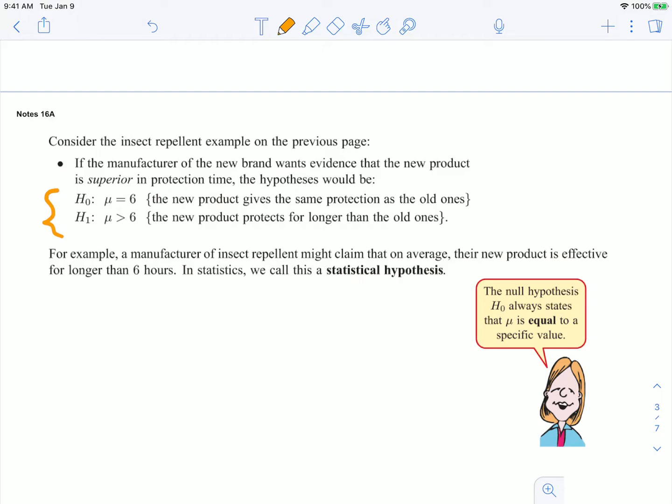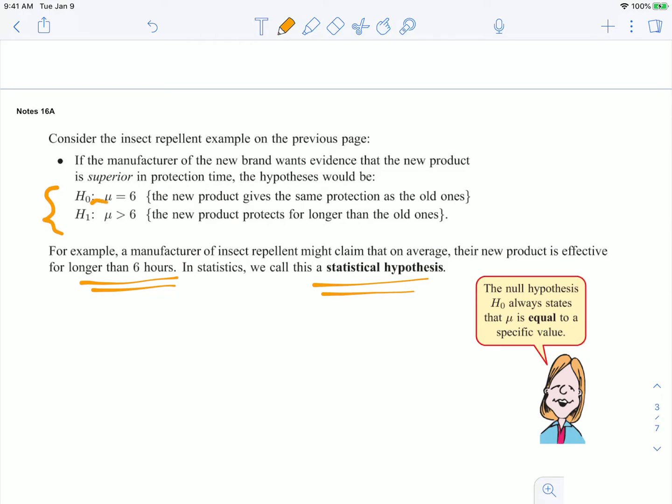H sub 1, the alternative, is that the mean is greater than 6, that the new product protects for longer than the old one. So that's the problem we're working with. So is it equal to the mean, or is it greater than the mean?